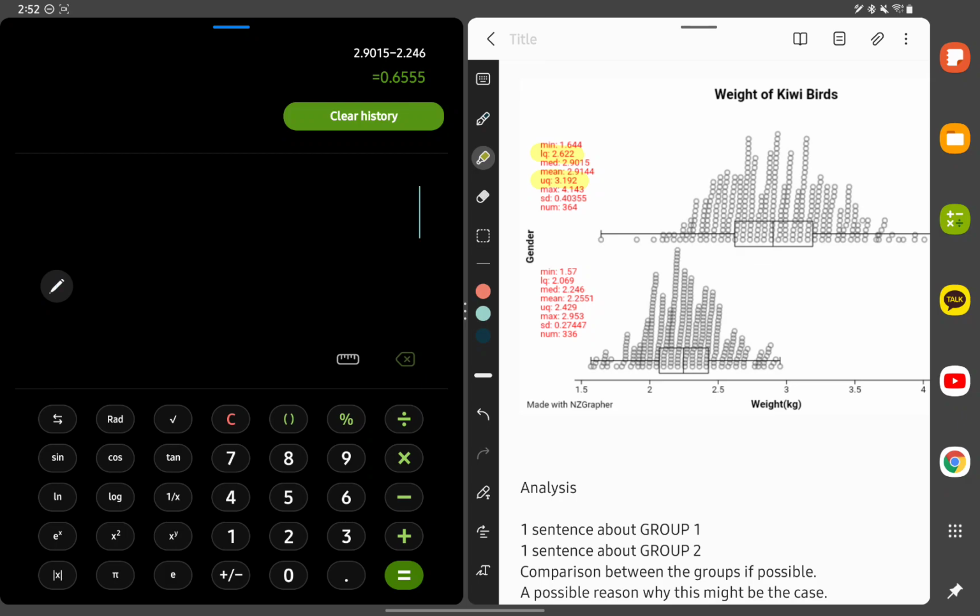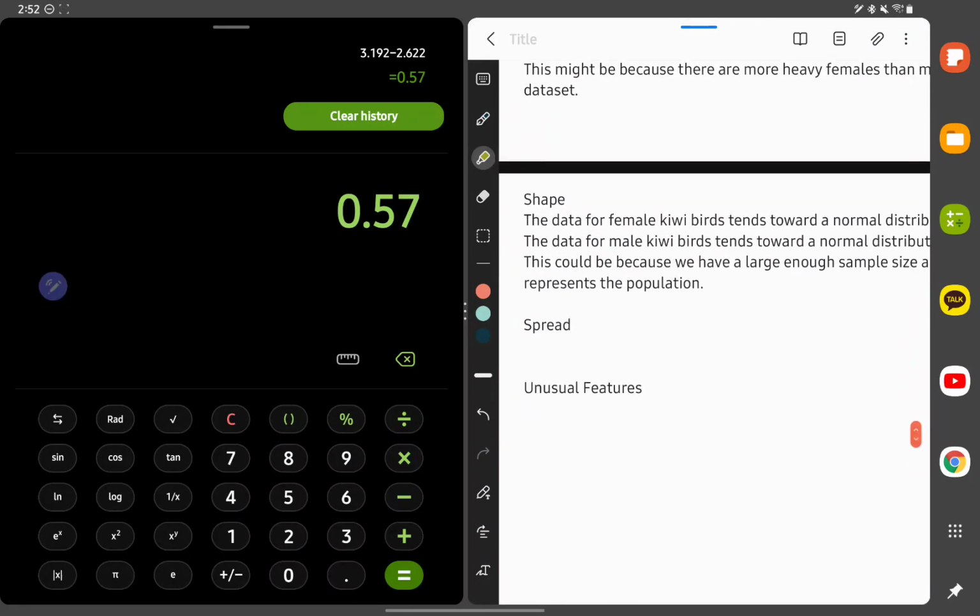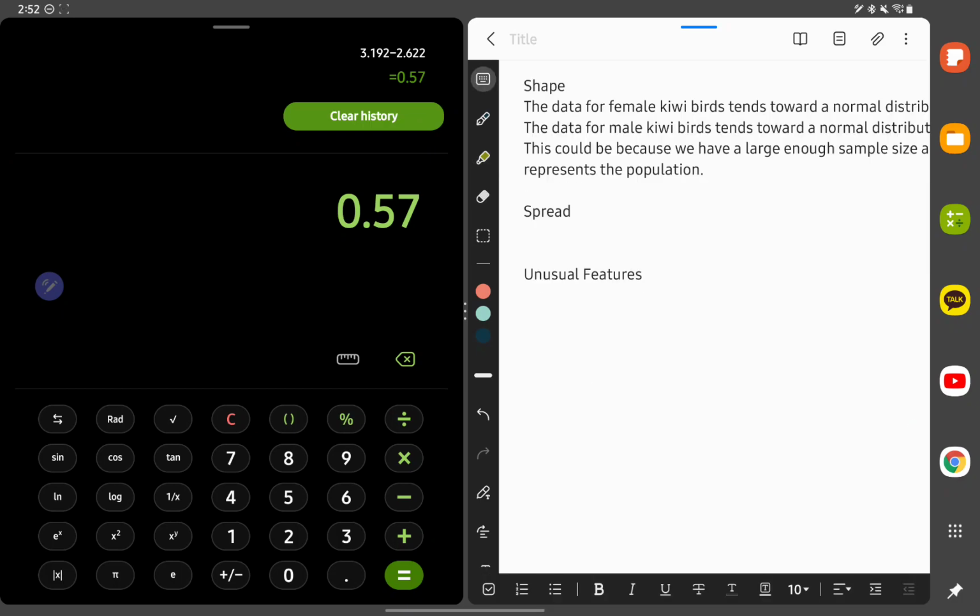So let's do that. So for the female kiwi birds, UQ is 3.192 minus the lower quartile, 2.622. Boom, it's 0.57. Okay, cool. I'm going to go here, go to spread. And of course, I'm going to need to talk about group A first.